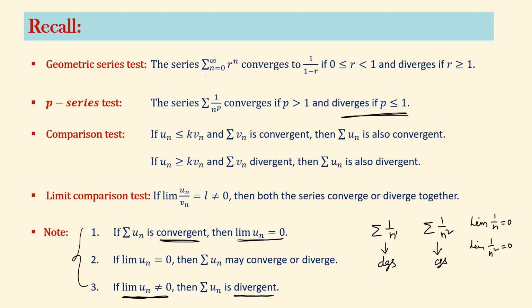If it is 0, we cannot predict, but if it is not equal to 0, then it must diverge. So remember these points, because when you see the questions, if you are able to calculate directly the limit of un, and it is not equal to 0, then we should be able to say that it is divergent directly.